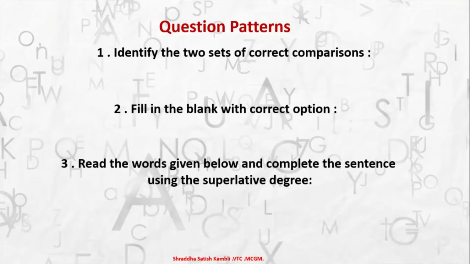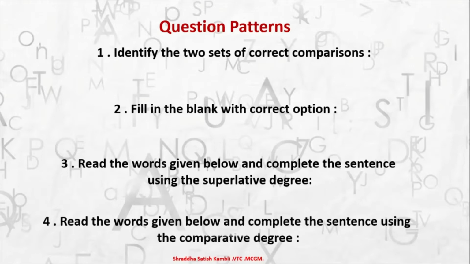Your answer could have the same meaning as the question, but still you could be wrong if you use the wrong degree. So here you have to rewrite in the superlative degree, whereas in the 4th pattern, you have to rewrite the words in the comparative degree. Rewrite means you're not going to write, you're just going to select or complete. Alright, so these are the 4 patterns of questions which could be asked to you.